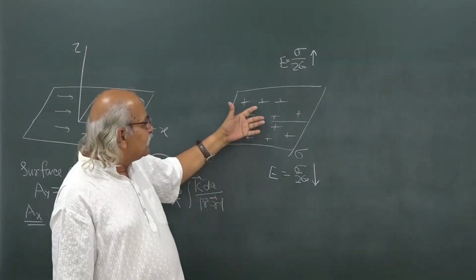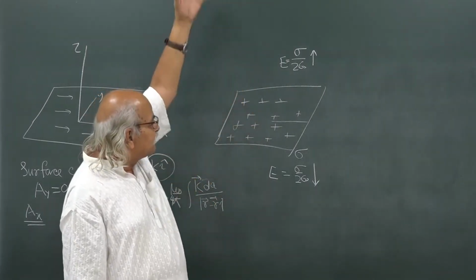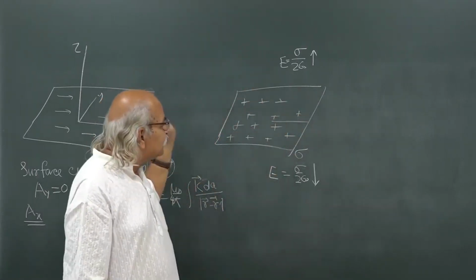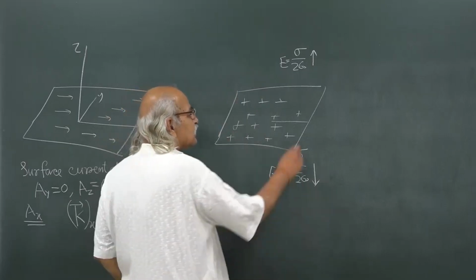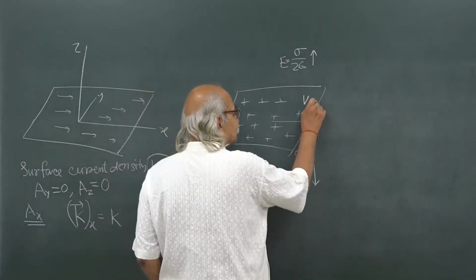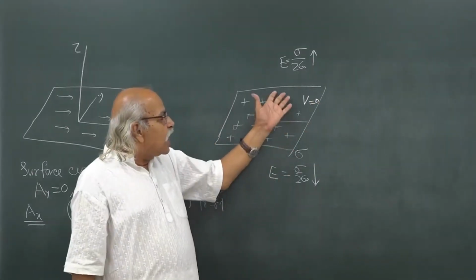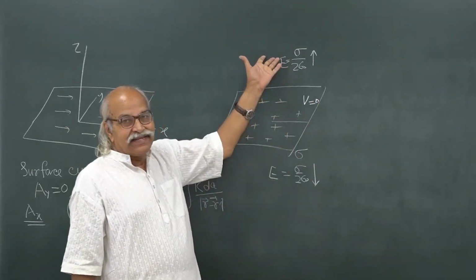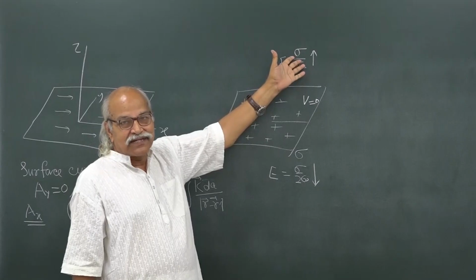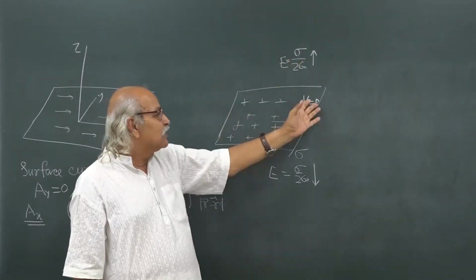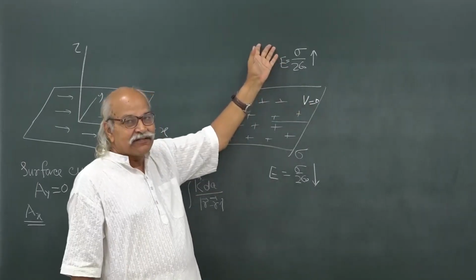Normally we take potential at infinity to be 0, but since this plane itself extends to infinity, we take potential 0 on this surface. And then as you go up, the electric field is in the upward direction, so the potential will decrease. Here it is 0, here it will be negative.